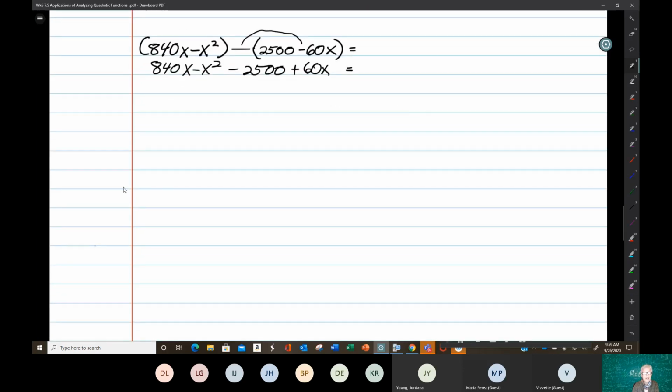All right, well, let's rearrange this so we have our like terms together. Negative x squared plus 840x plus 60x minus 2,500.